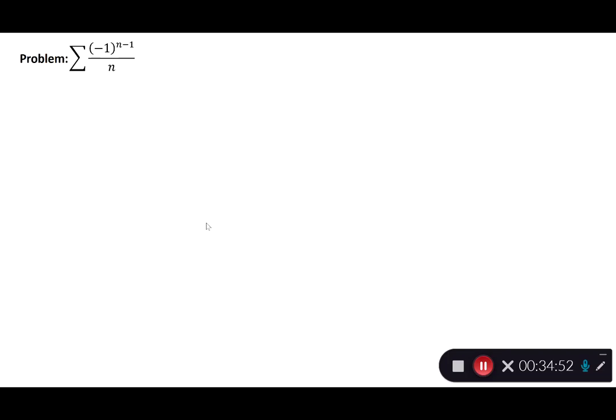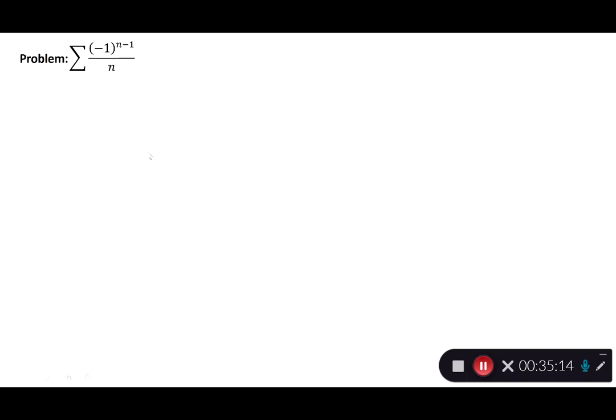I have a typo there. It should be minus b sub 6, and so on, right? With b sub n greater than 0, it satisfies two conditions: b sub n plus 1 is less than or equal to b sub n for all n, and the limit of b sub n is equal to 0. Then the series is convergent.